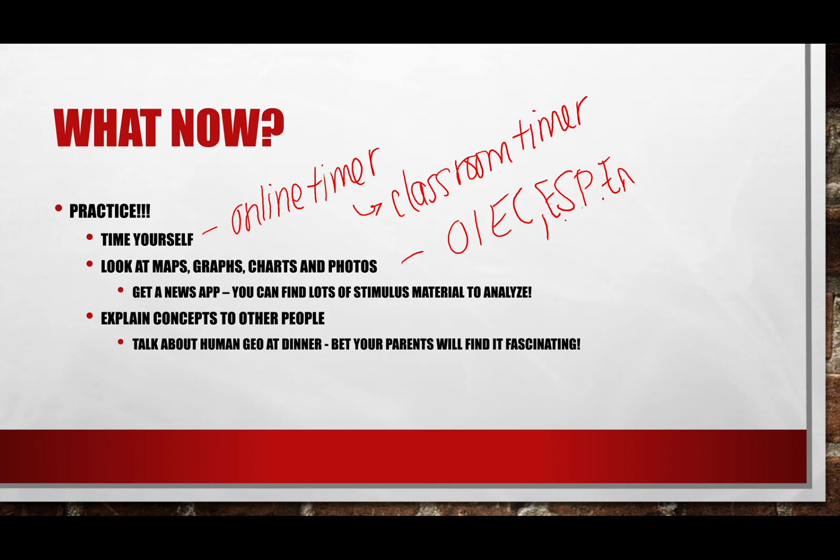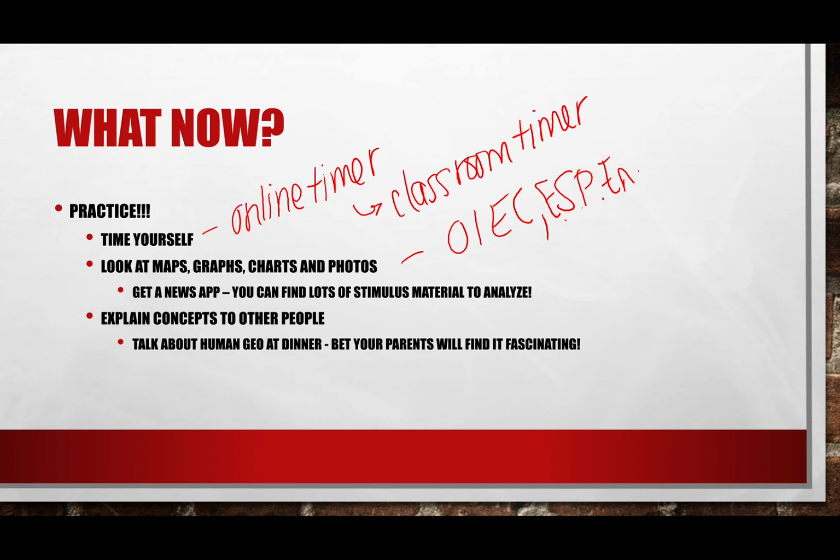Okay? Use those things in your daily lives. Hey, explain the concepts to other people. All right? Talk about Human Geo at dinner. I bet your parents would find it kind of fascinating. Okay? Talk about the things that we talk about. I mean, we talk about all kinds of cool stuff. And even when you're watching movies or something, look at it and be like, hey, dude, that's totally Human Geo. No joke.